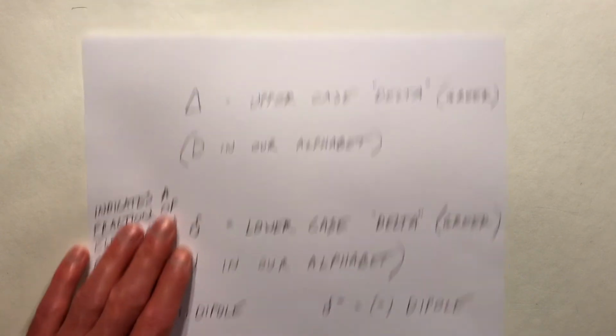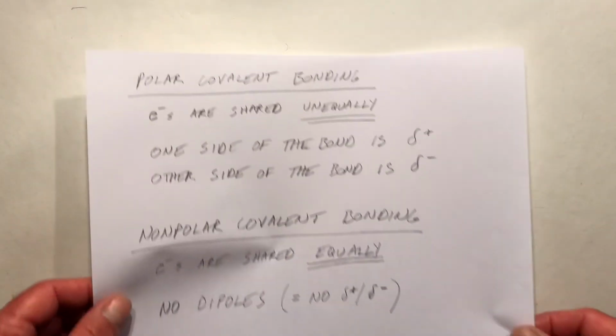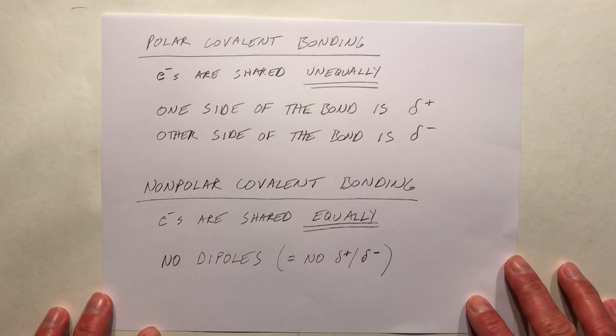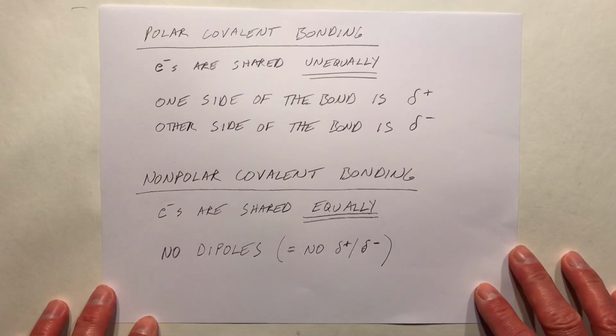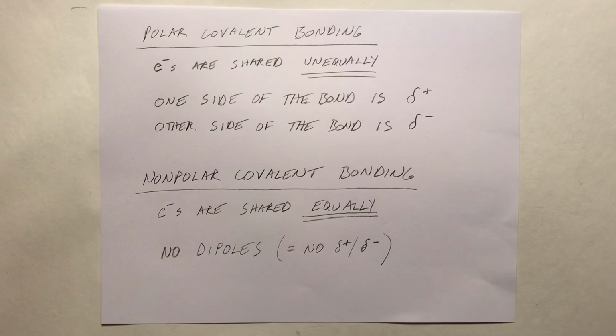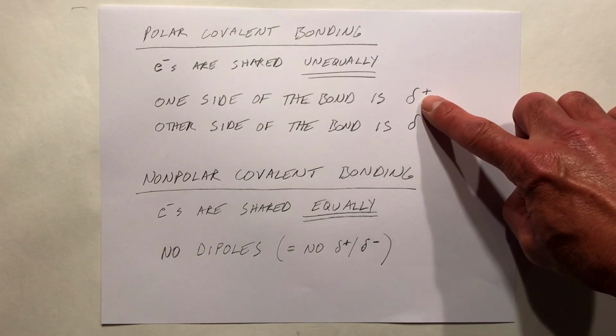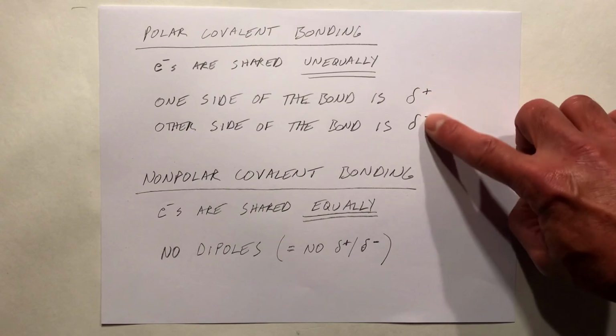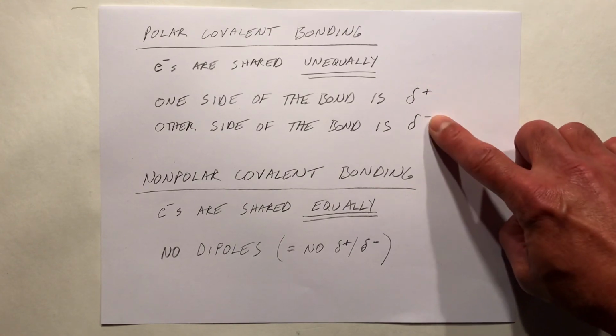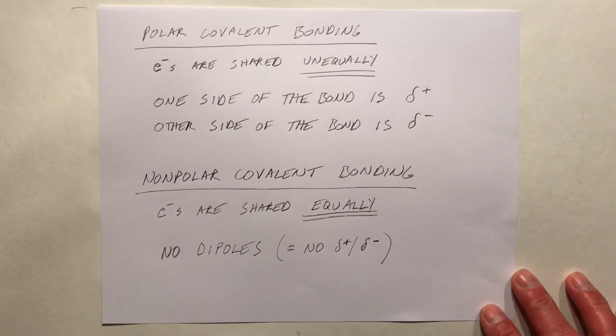Because the electrons are being shared, but shared unequally, the charge that is formed there is not a complete positive or a complete negative. It's a fraction of a positive or a fraction of a negative. And you can actually calculate the size of the magnitude of the delta plus or delta minus. It would be some decimal value in every case.